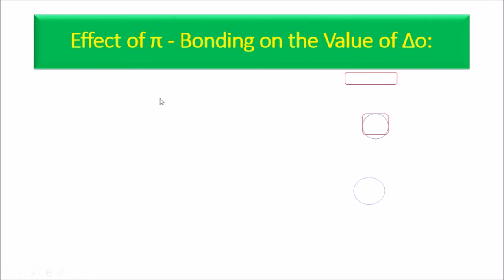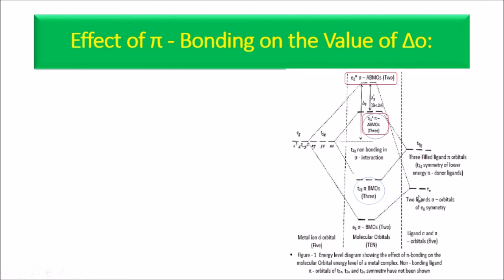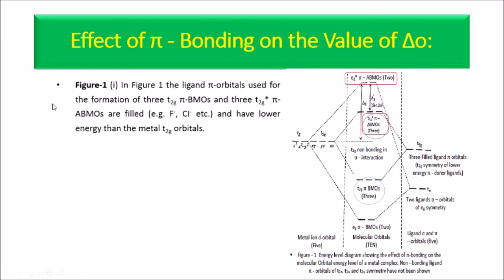Now let's recall figure 1 once again. This is our figure 1, and in this figure 1, the ligand pi orbitals used for the formation of 3 T2G pi BMOs and 3 T2G star pi ABMOs are in the blue circle, and these are filled. And when they are filled, the examples will be fluoride, bromide, chloride, iodide, etc. and they have lower energy than the metal T2G orbitals.